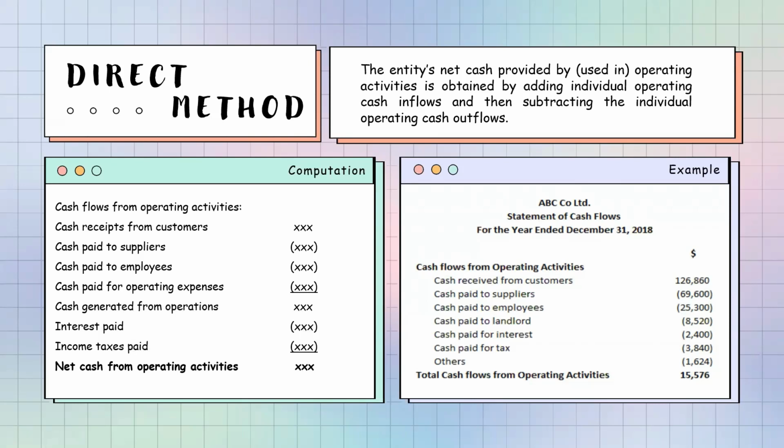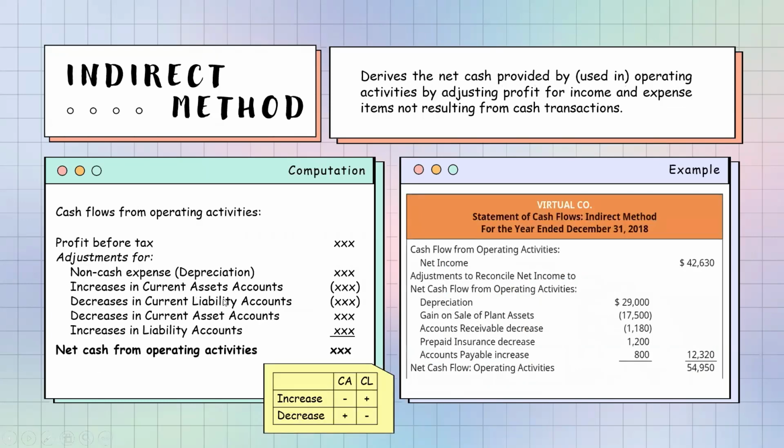And then kapag negative naman yung nakuha nating total, ang tawag naman doon is net cash used in operating activities. So, move naman tayo sa indirect method.